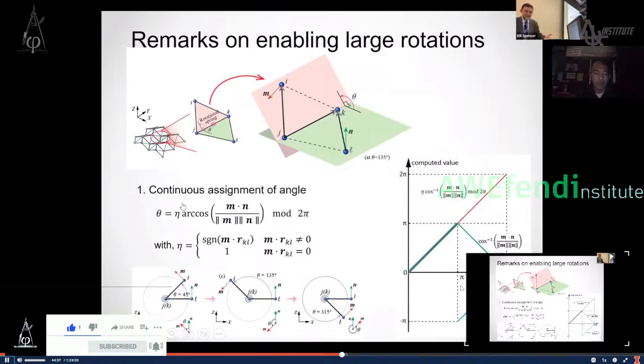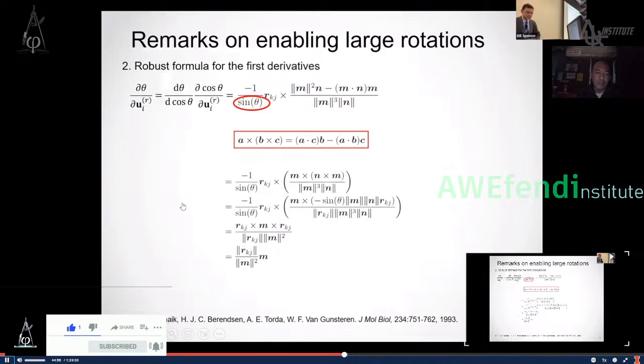But then I can have a sine indicator that will help me, but then there is a discontinuity here. But if I include the mod of 2 pi, then I will have a unique way to define the angles. And this is very important because this will allow me to treat deformations from very small angles to very large angles.